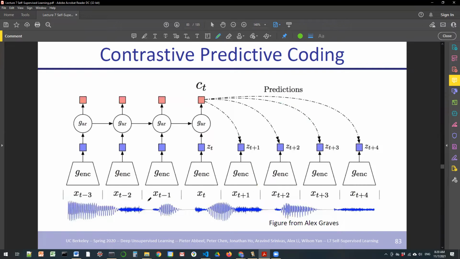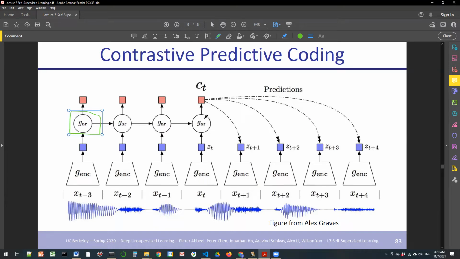So that's what is going on in the CPC effort. We take, as is shown here, a bunch of audio samples, chunk them, take them through the encoder, and take them through an autoregressive model. Interestingly, at least in the lecture, he talks about this could just be a GRU.